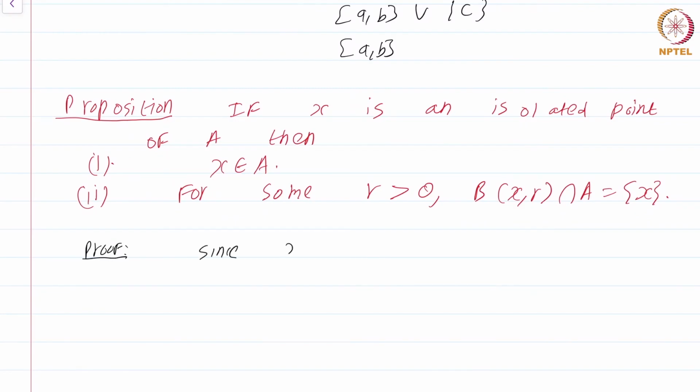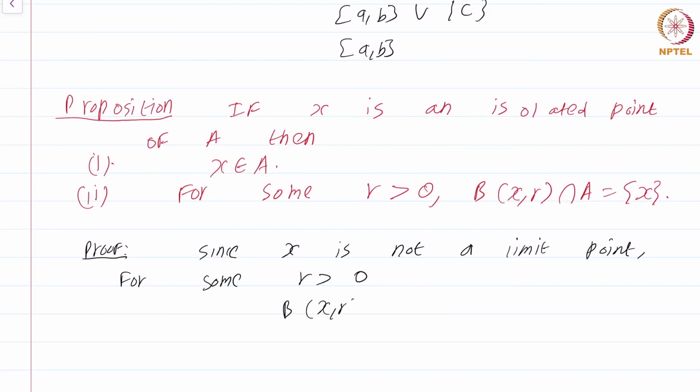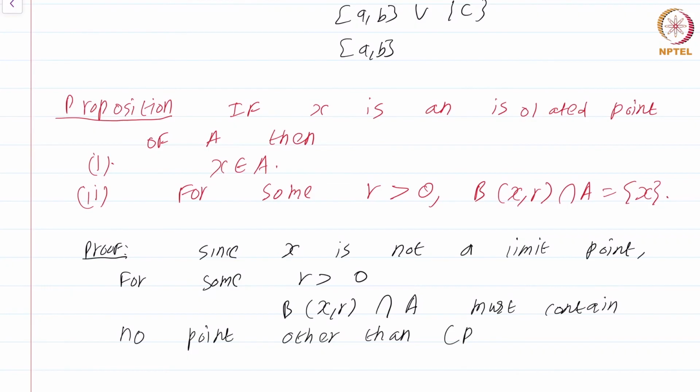Since x is not a limit point, for some r greater than 0, B(x, r) intersect A must contain no point other than possibly x, right?